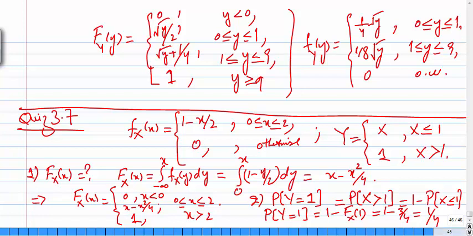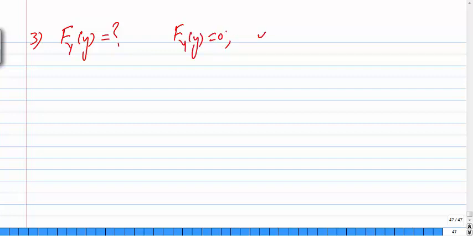We put that here. Now the next part of this quiz is the third one, and it asks: what is the CDF of y? As we know, the CDF of y is 0 when y is less than 0, because it's not defined.